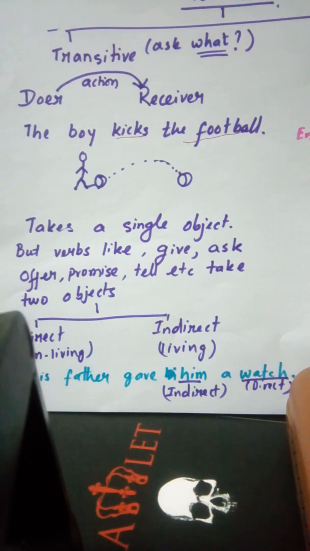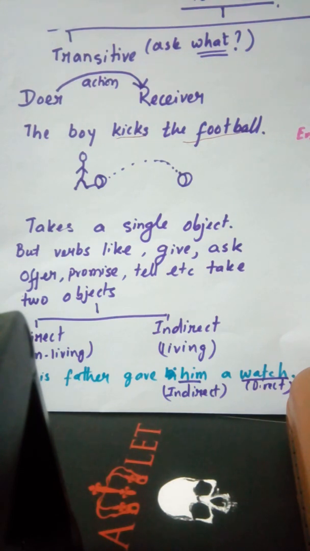Now, you cannot classify verbs like these particular verbs are transitive, these particular verbs are intransitive. You can only distinguish them based on their usage in a particular sentence. That is the distinction more or less. We will see more examples as we solve the exercises.